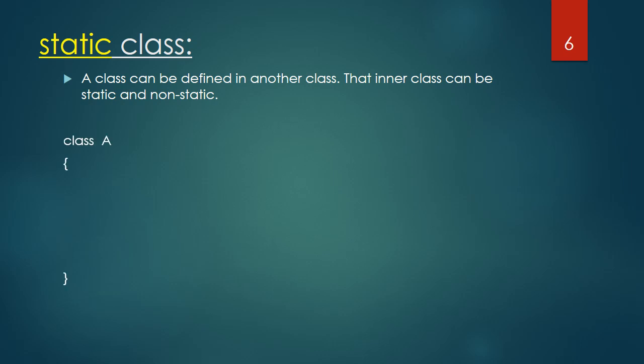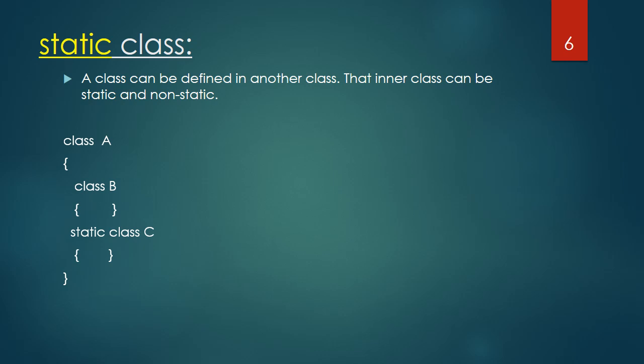So here a class A is defined. In this class A, class B is created, and class B is inside class A, but it is non-static. Next, class C is also inside class A, but class C is static.